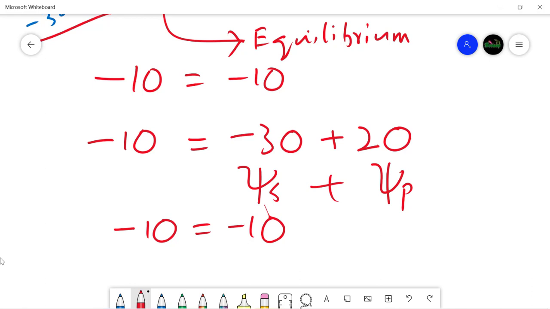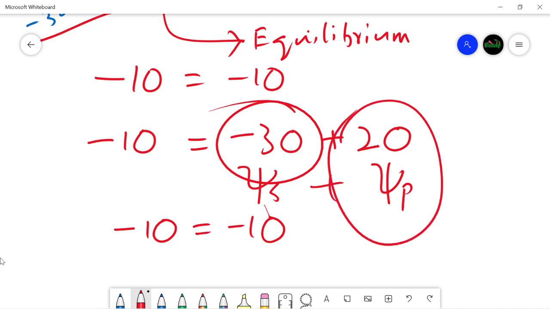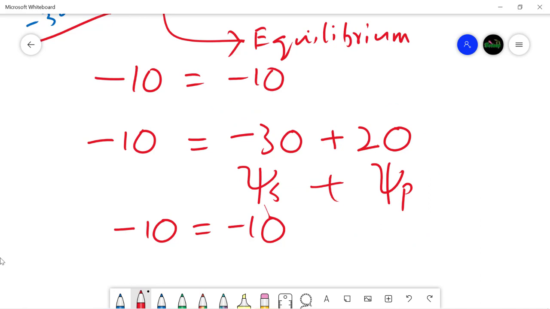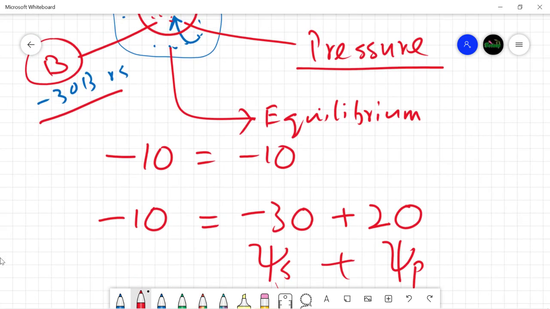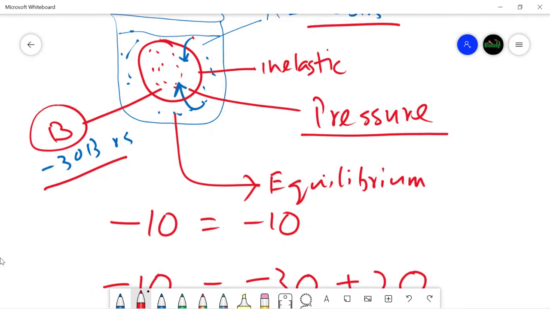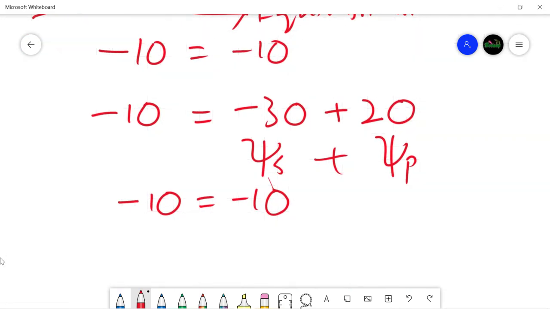Now it does not affect the solute potential. It doesn't change because the amount of solute in both solutions is the same. What has happened is that due to the development of this positive pressure, this turgor pressure or pressure potential, it has raised the water potential inside container B, and the water potential has become equal on both sides.